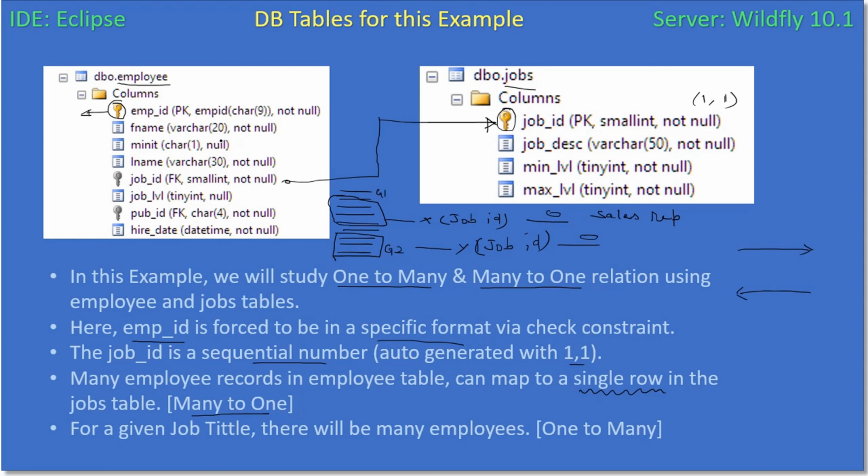Left to right, if you see employee to jobs, n number of employee records can point to a single row in the job. Similarly, if we take it here, one job can point to multiple employees in the employee table. So if you look here, many to one, and if you look in the reverse direction, one to many. So that's what we are saying here. For a given job title, there will be many employees. That ends up as a one to many relation.